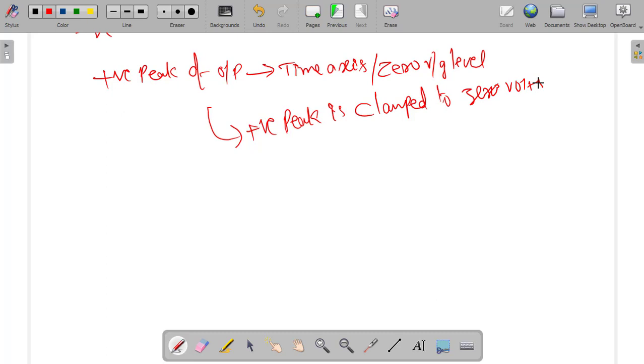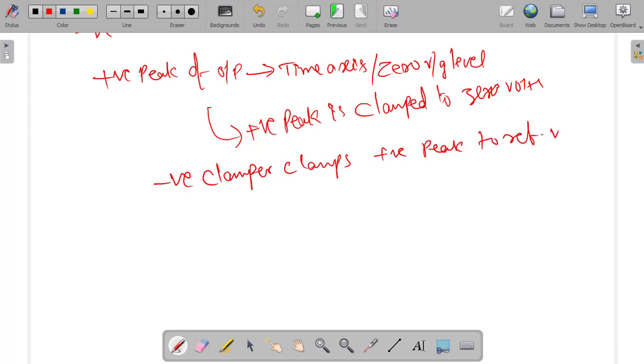Hence, a negative clamper clamps the positive peak to the reference voltage.